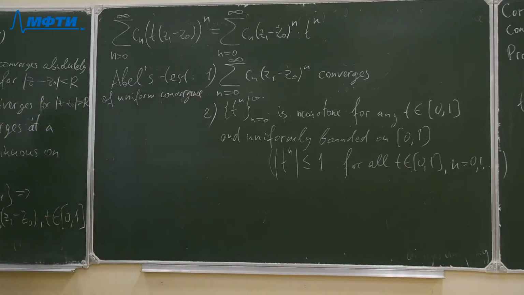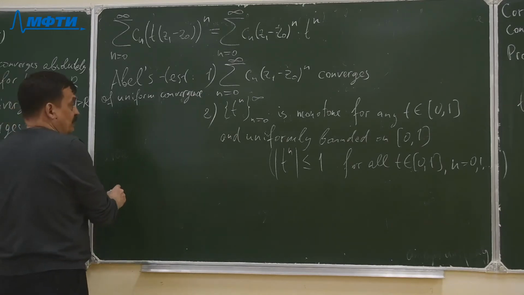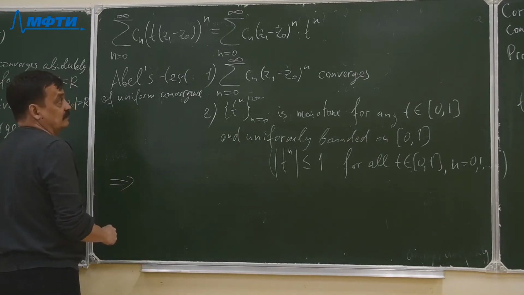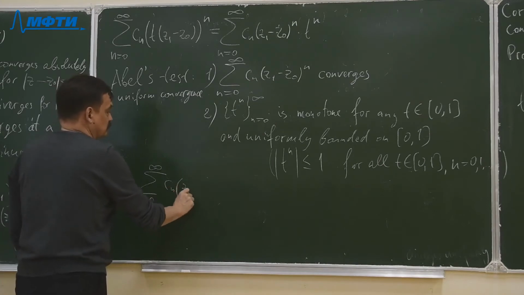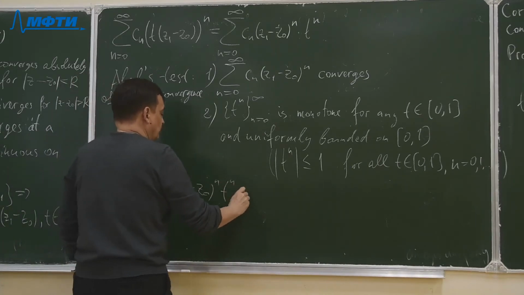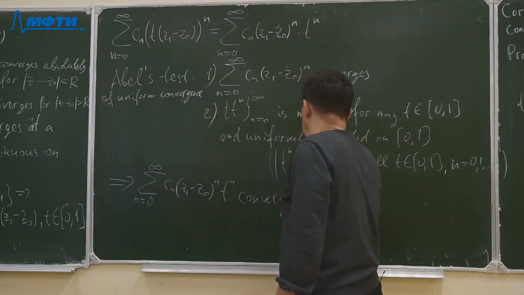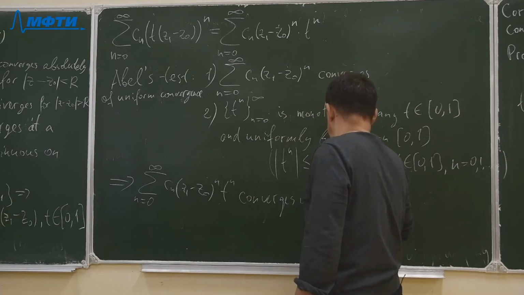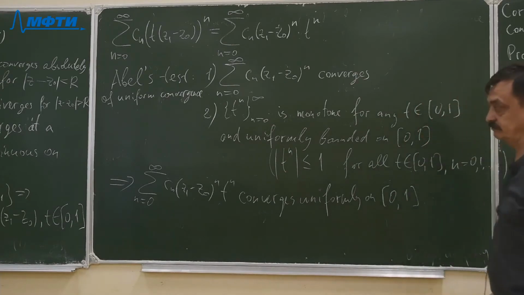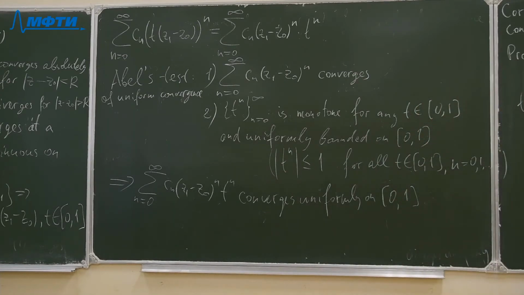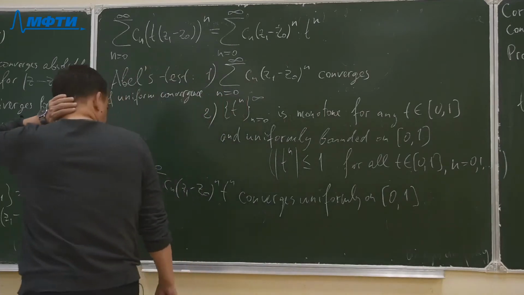So Abel's test of uniform convergence then implies that the series converges uniformly on 0, 1.